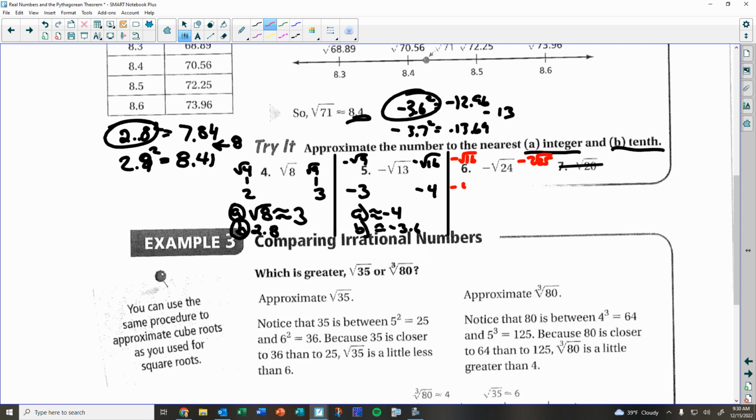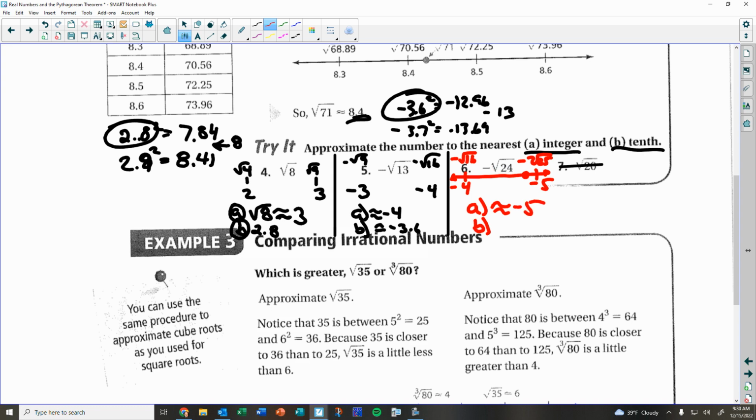Which is -4 and -5. So if we were to make a number line, and there's 4 there, where would the square root of 24 be, which is it closer to? Yeah, it's literally right there, right? Because it's only 1 away from 25. It's not 8 away from 16. All right, so we know that A was about -5.